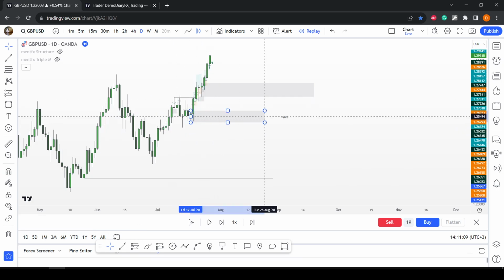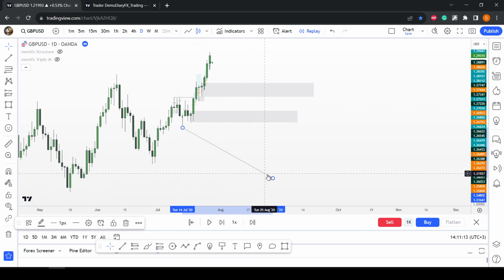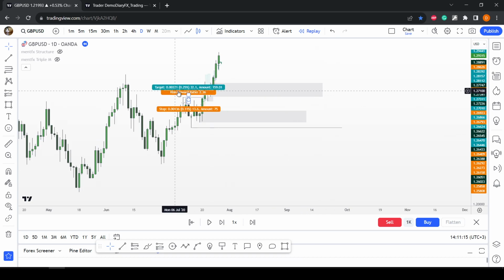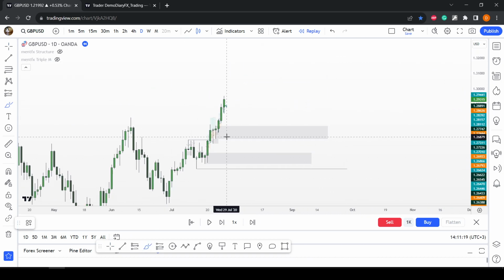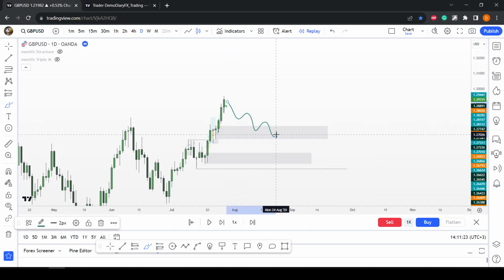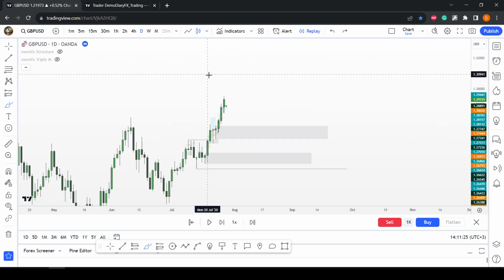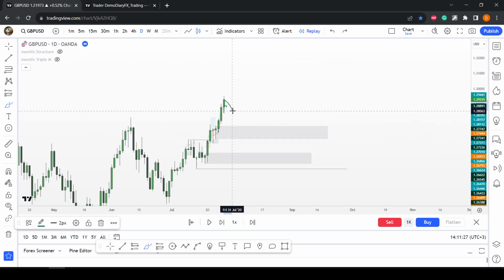Everything else is mitigated. And now this is our indication for daily confluence. And now we expect the same from daily: tightening, continuation, or if it wants, a deeper pullback.